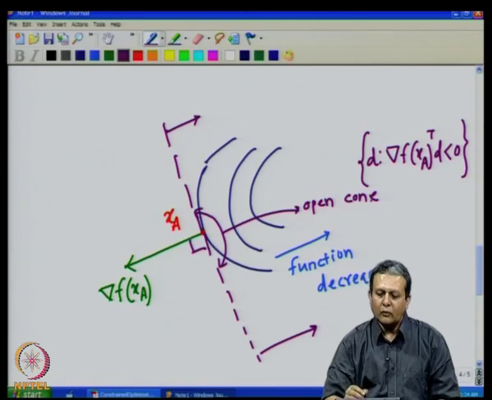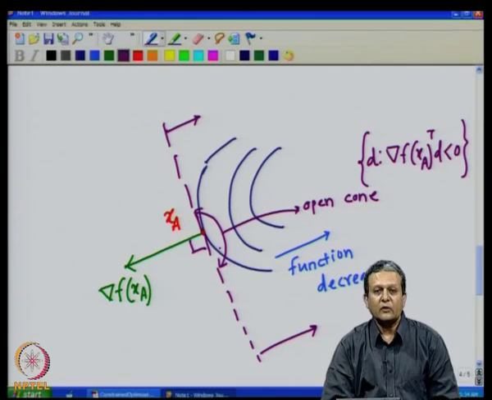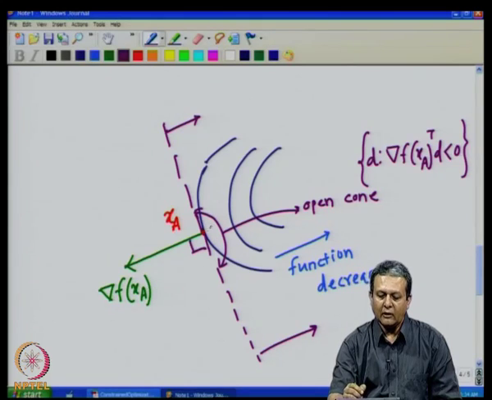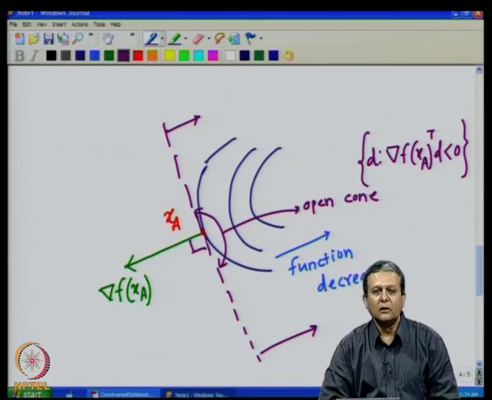So, this open cone gives us the set of descent directions at x a for the function f. So, if you make a movement along any direction in this cone, that will be a descent direction.